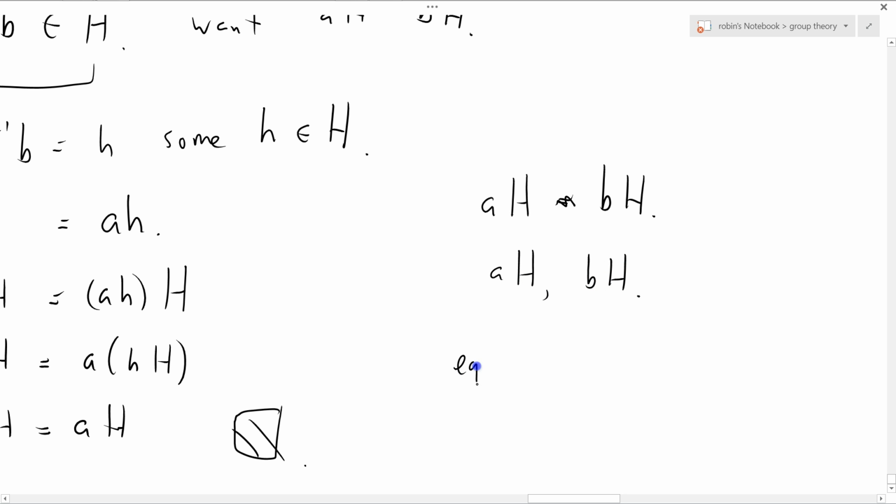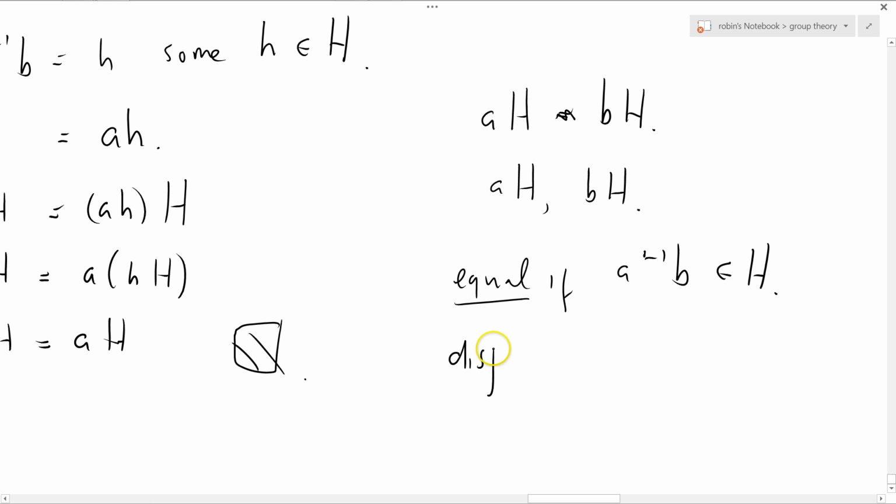And so these are equal sets if a^-1 b is a member of H, and disjoint, because you'll remember from the last one that two cosets are either precisely equal or have no overlap at all, if a^-1 b is not a member of H. There you go.